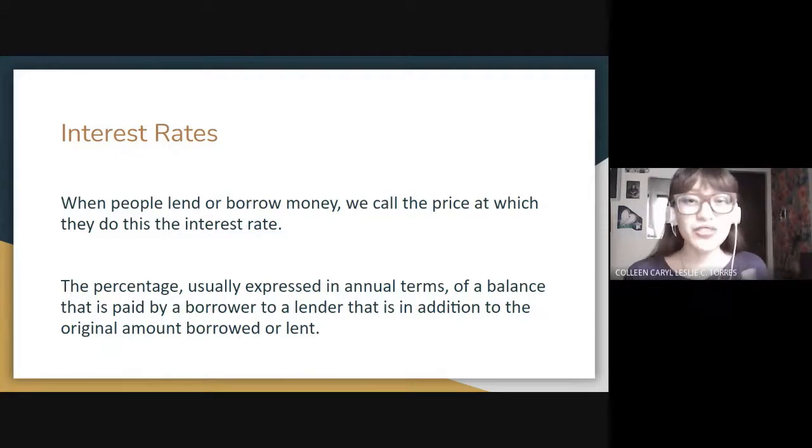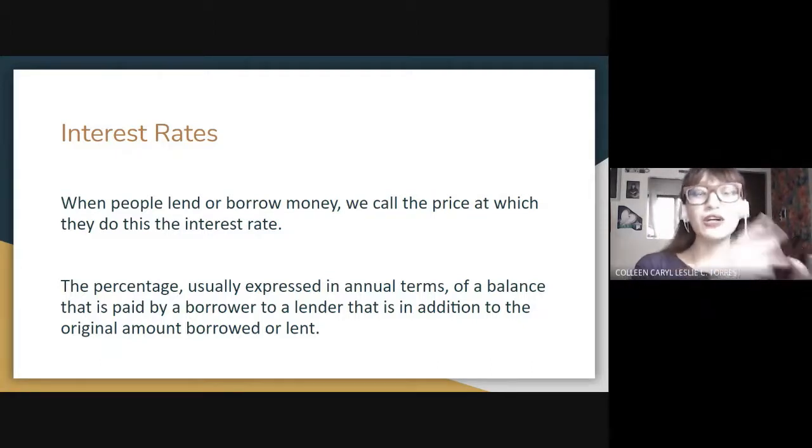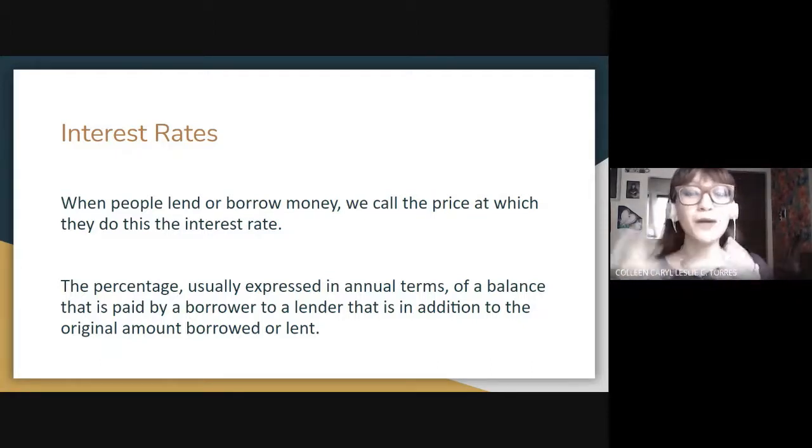So that's where interest rates come in, because if you're a co-op, for example, or if you're a pawn shop, interest rates are essentially how co-ops, pawn shops, or banks earn money, because as people borrow money from them, they also get profits from the interest rates.